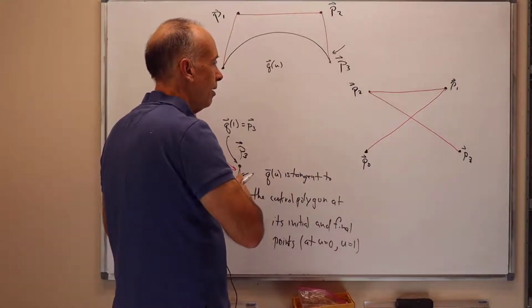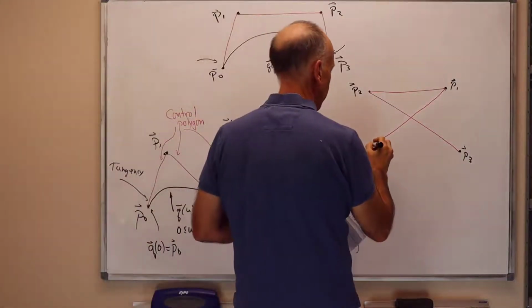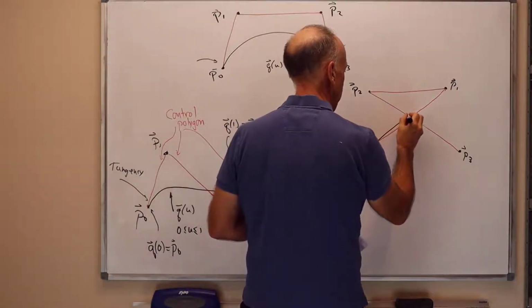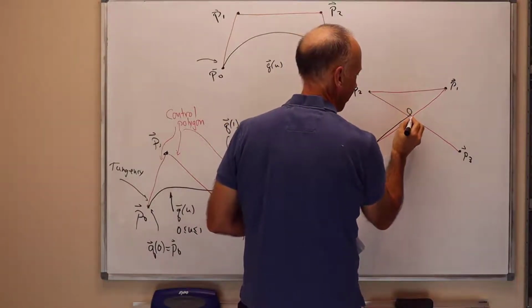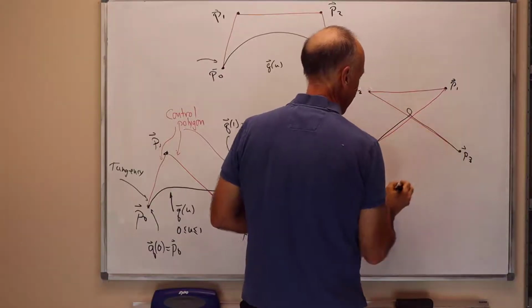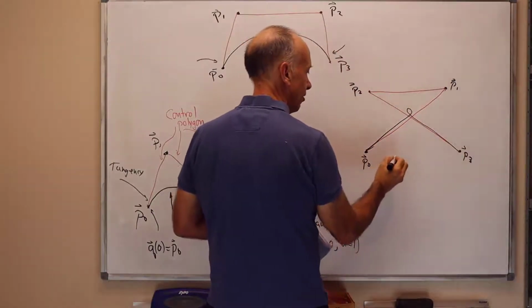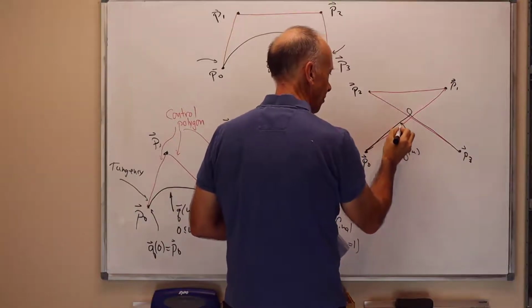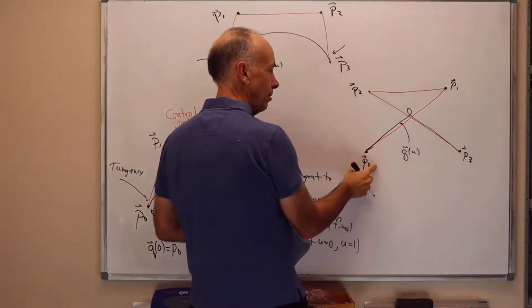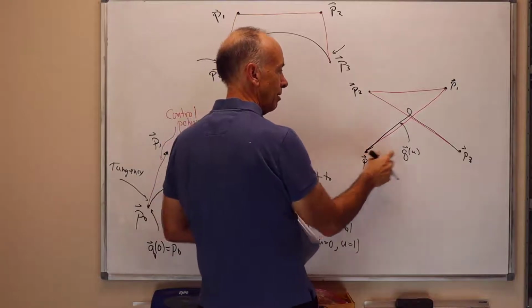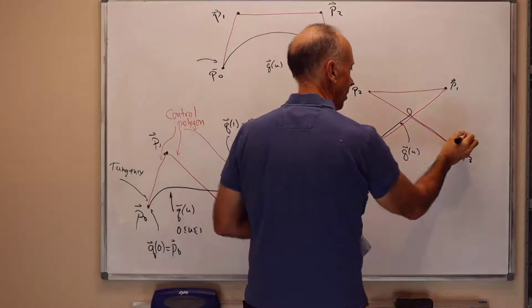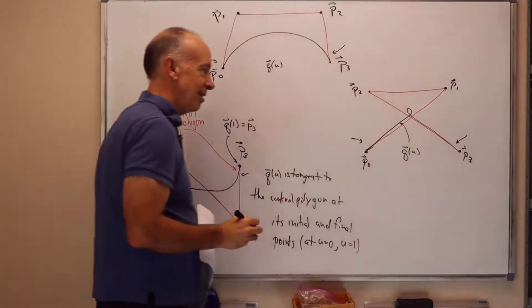And here the Bezier curve can look something like the following. It might even have a little loop there. Could actually do something like this. And we've still started at P0, so here's Q of U is this black curve here. Still, Q of 0 is P0. It starts at P0. Q of 1 is P3. And we still have the tangencies here.